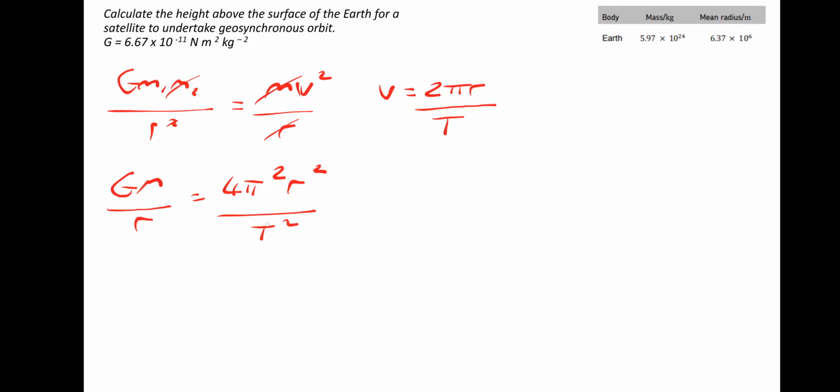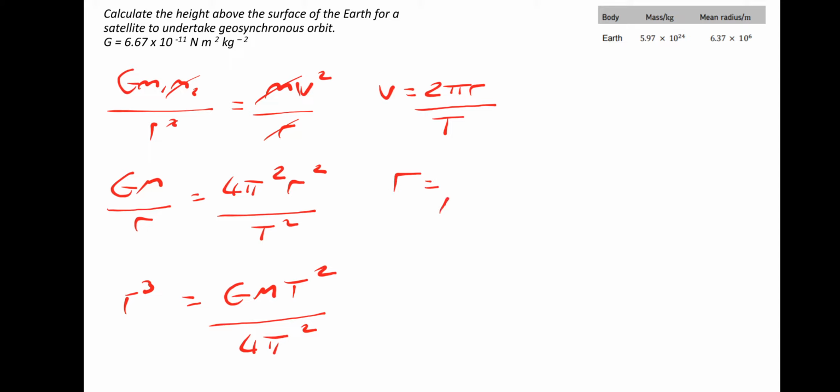This time rearrange to find r cubed. So take that r up, so we end up with r cubed equal to GM T squared divided by 4 pi squared.